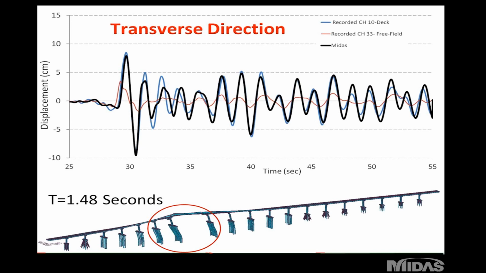I started getting a better period, but I still was not able to get 1.48 seconds. Then I ended up using a cracked moment of inertia, I-crack, for the columns. Once I did that, I was able to get 1.48, 1.46 seconds for the predominant period in the transverse direction of the model for the main span.